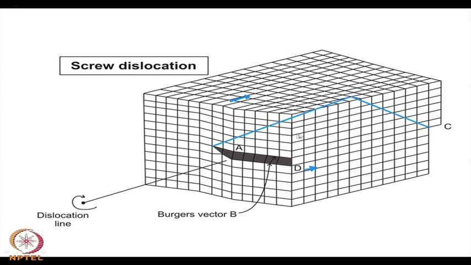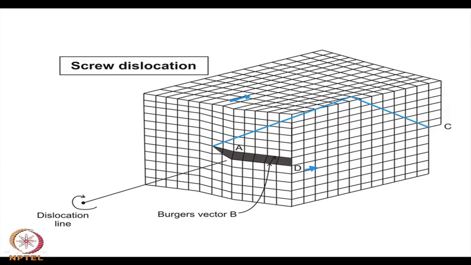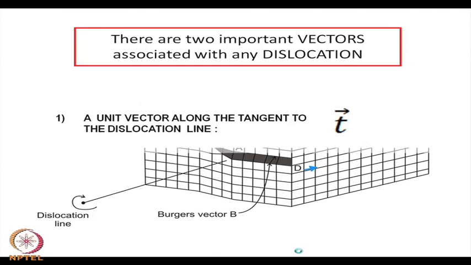This part is the slipped portion, the unslipped portion is there, and the bottom is also unslipped. So, the boundary becomes in a different direction, and this is called screw dislocation. The first one we have discussed is called edge dislocation, and this is called screw dislocation, right.